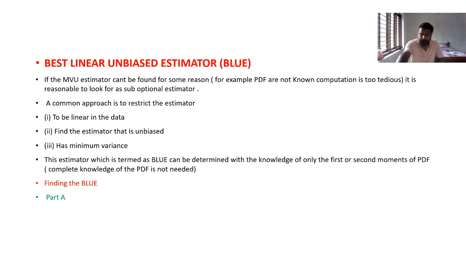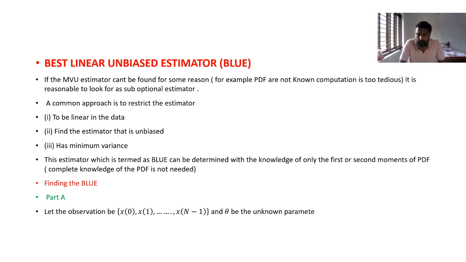let the observations be x of 0, x of 1, x of 2, etc., x of N minus 1, and theta be the unknown parameter. For BLUE, the estimator, as I told you, should be linear in the data.